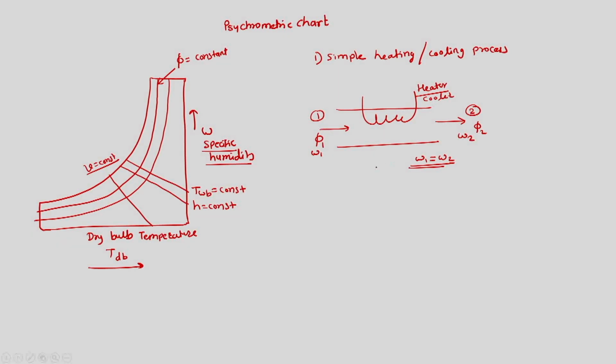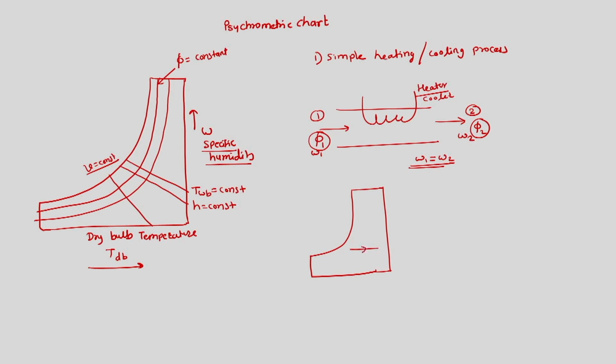However, as we had already seen, heating increases the temperature and hence the capacity of the air to hold vapor. So this changes the relative humidity at the outlet with respect to the inlet. This process of simple heating or cooling can be shown on the chart like this.